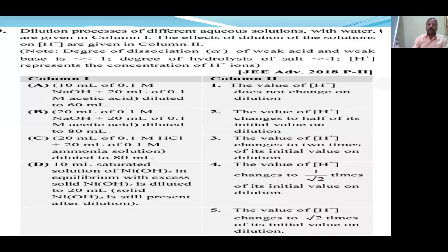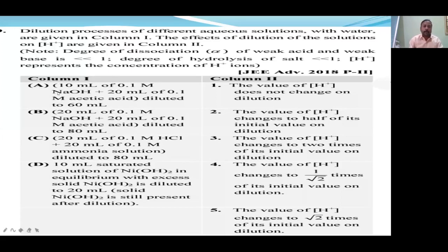The effect of dilution of the solutions on H plus is in column 2. So that means when you add water to the mixture, you have to identify what the H plus concentration will be. So that question, I think it is clear. On the left hand side, it shows to what water is added. On the right hand side, what will happen after adding the water.